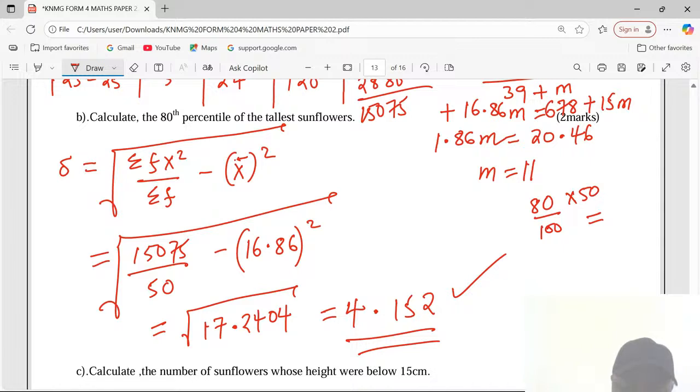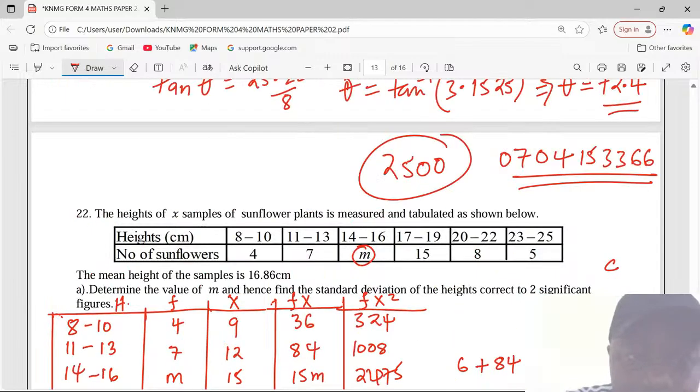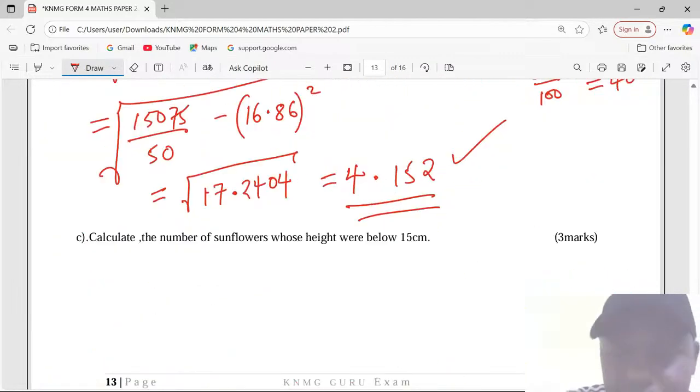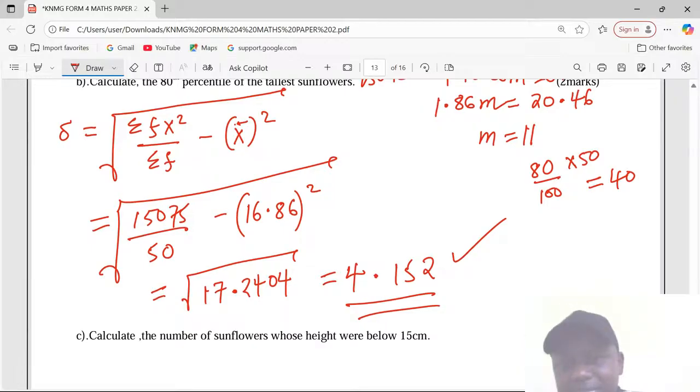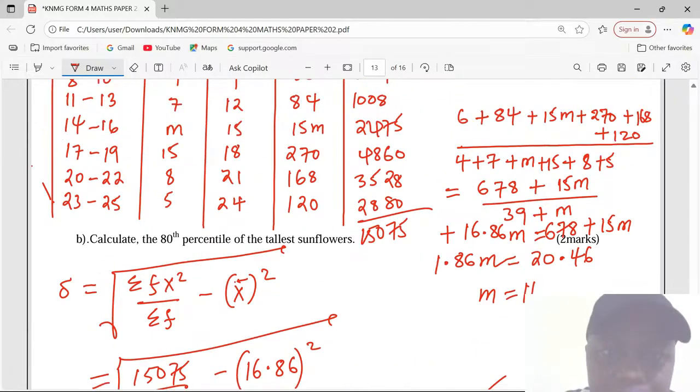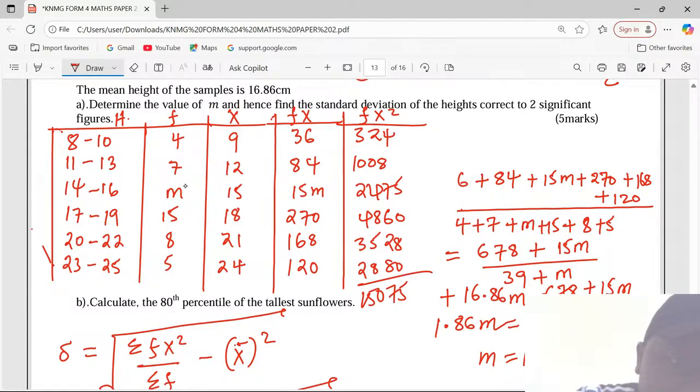This is 40. So we need the 40th. We need the height of the 40th student. When we say 80th percentile, we mean the height of the 40th student. So where is the 40th student? Remember, this is 11. Instead of M, now we have 11.